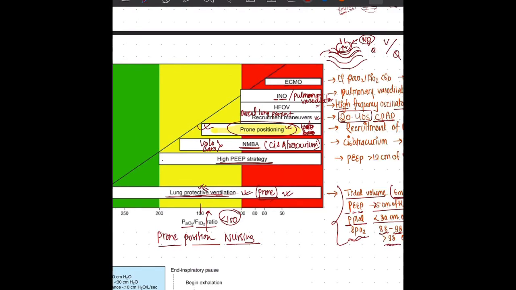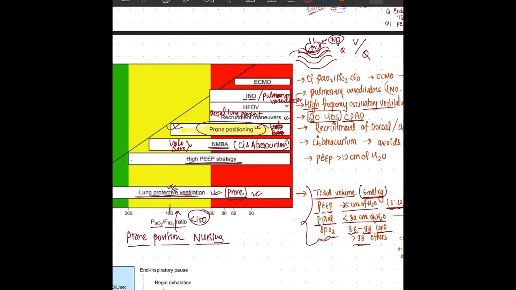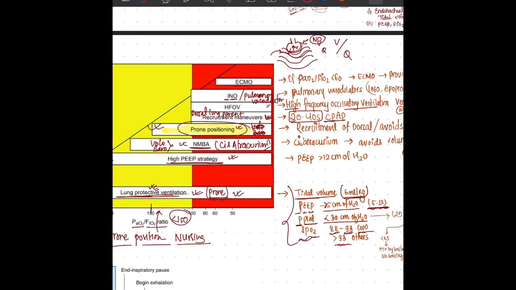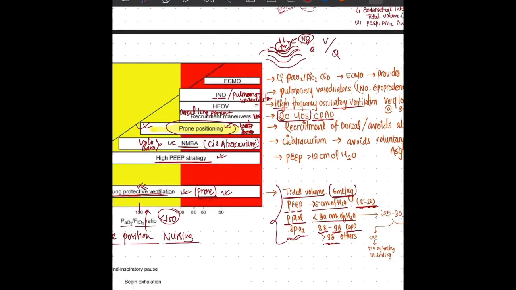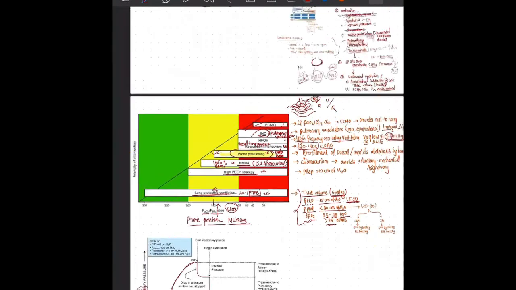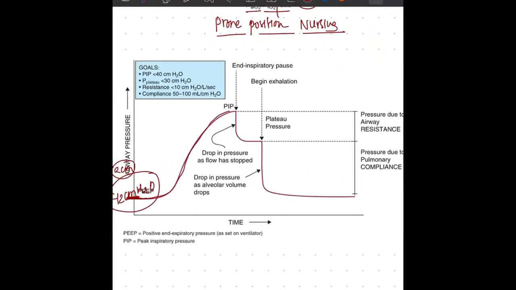Start with lung protective ventilation, which is at low tidal volume, and then if it does not work, go to high PEEP strategy. If that does not work, give respiratory paralysis. If that does not work, start recruitment maneuver. If that does not work, give high frequency oscillatory ventilation. If that does not work, increase vasodilation by inhaled nitric oxide, and finally go for ECMO, right?